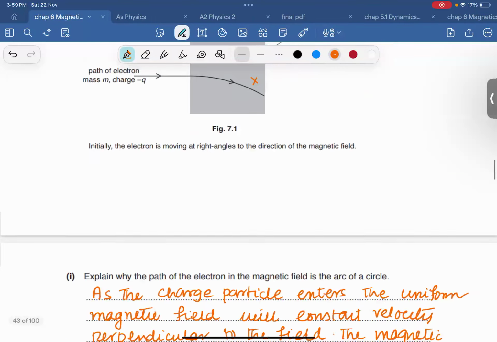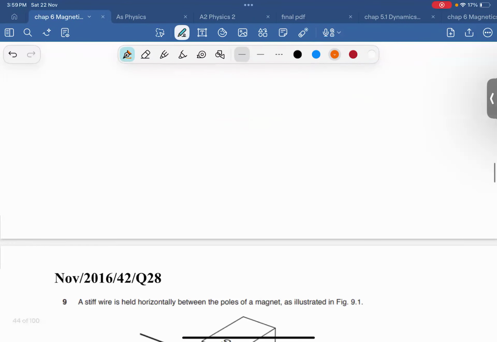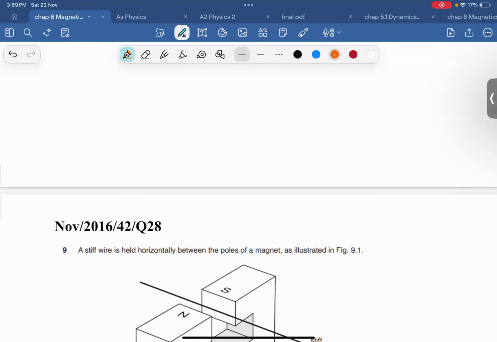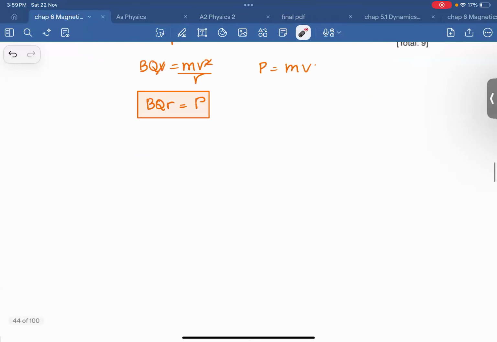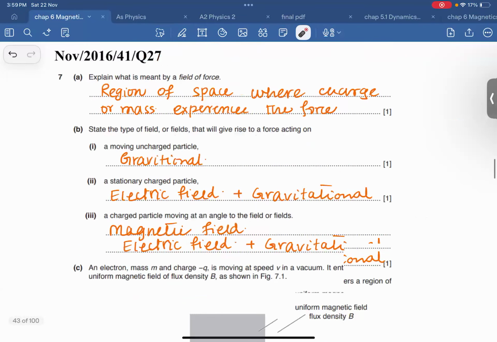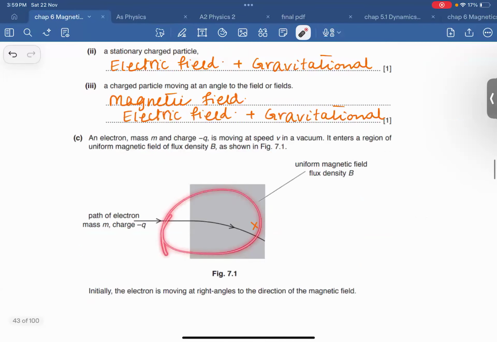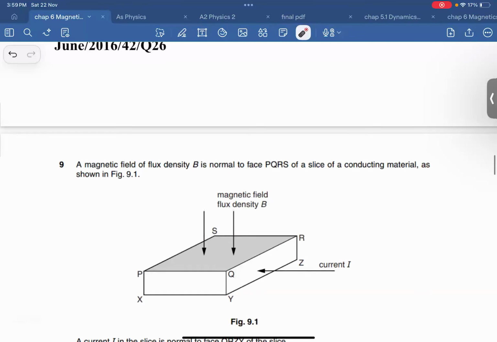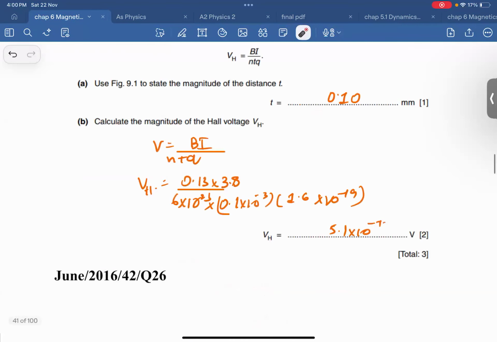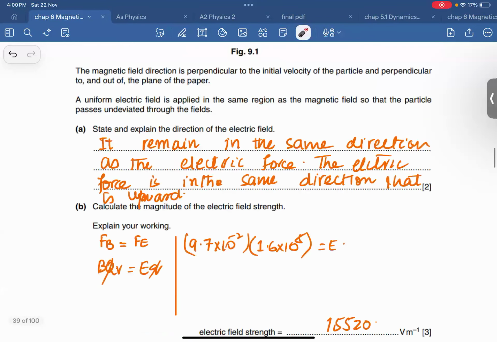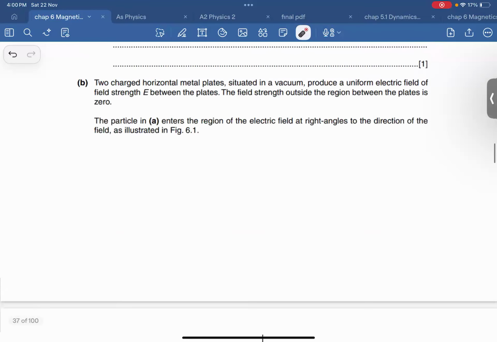Okay, I'm stopping it right here. Your homework is to do all of the questions till question number 28, but only do those questions that contain this type of charged particle. Please ignore the questions that contain wires, because that is going to be the next chapter that we have to discuss.